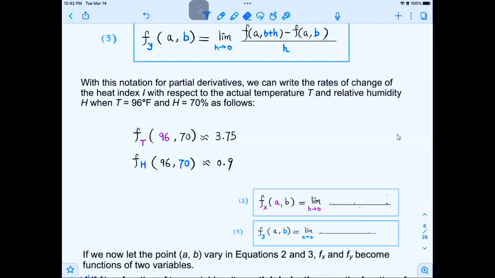You feel like the temperature goes up 3.75 degrees. And the partial derivative of the heat index with respect to the humidity at this point is 0.9. And what does it mean? That means for every 1% that humidity goes up, you feel the temperature go up 0.9 degrees.